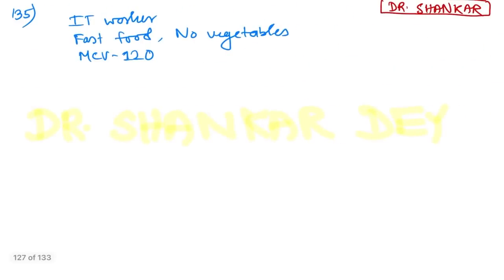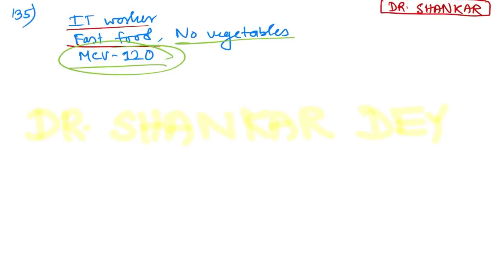Next question, 135. So I think one IT software engineer or something, she used to have fast food all the time, no vegetable intake, and on blood examination pallor along with MCV 120, more than 110. So this is definitely macrocytic anemia, and the cause was asked.